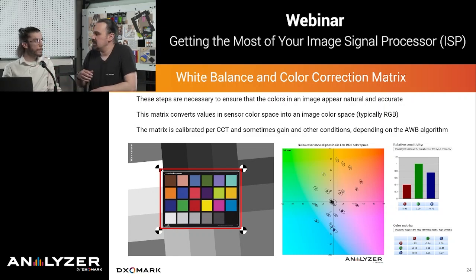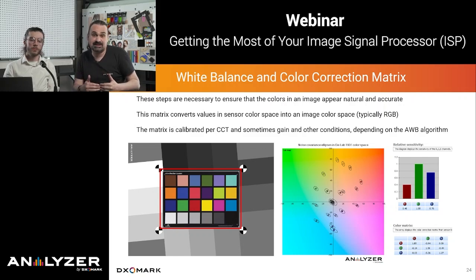And that's what the 3A algorithm is doing, is collecting information to tell me, well, actually, now it's a yellow light plus a gray object. And for each different illuminant, I am going to provide different white balance scales, so to compensate for this and always get a gray object.